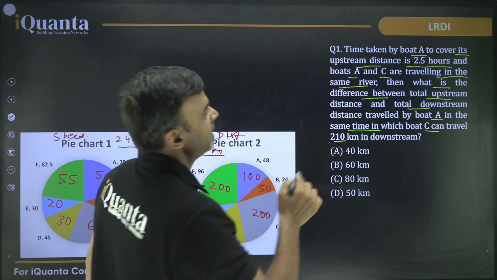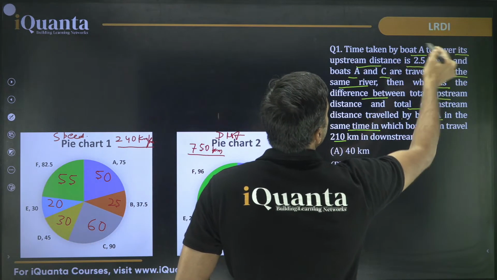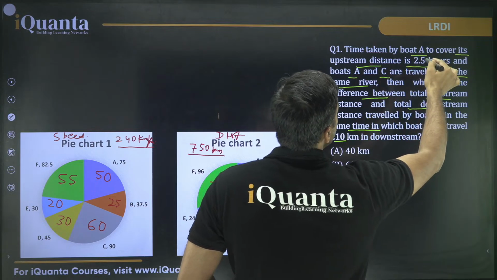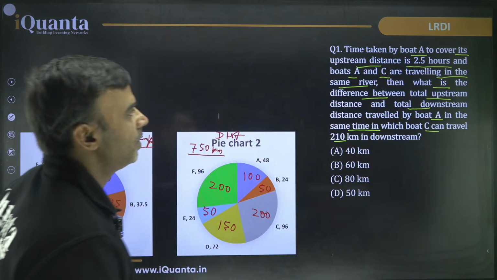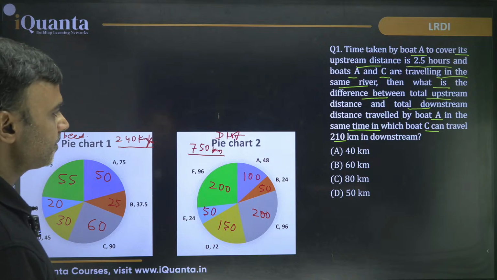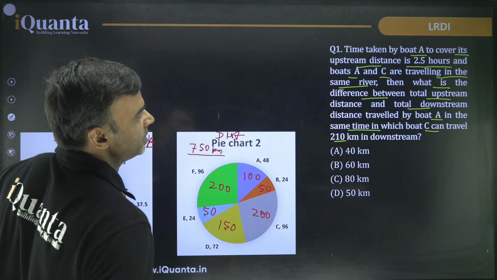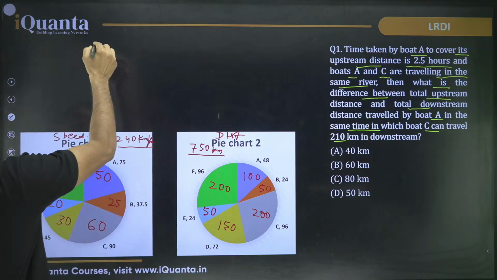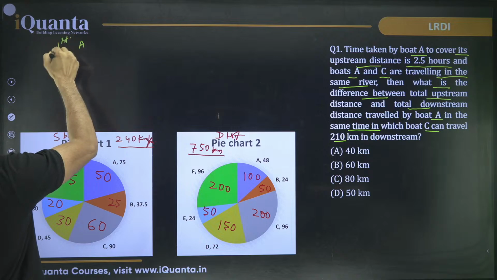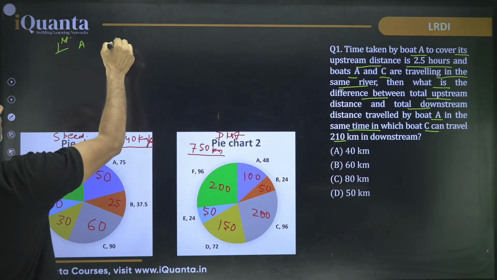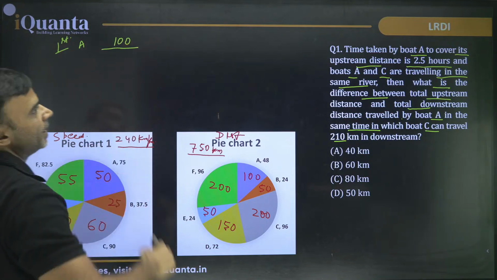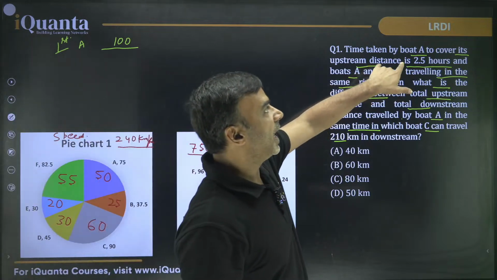पहले क्या है? Time taken by A to cover its upstream distance is 2.5 hours. So the distance traveled by A is 100 kilometers, divided by, in which direction is it traveling? Upstream.